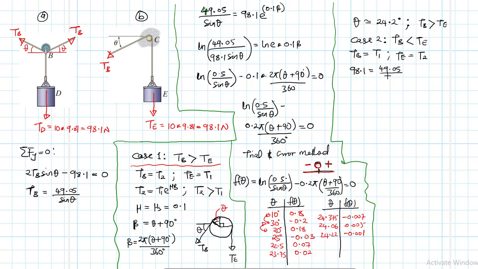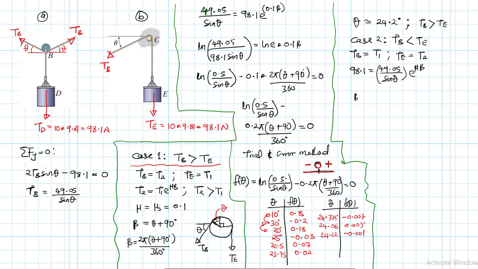So writing this, we are going to have 98.1 is equal to 49.05 sine theta times e to the power mu beta. Mu and beta, nothing changes. We replace all the other values and simplify that.